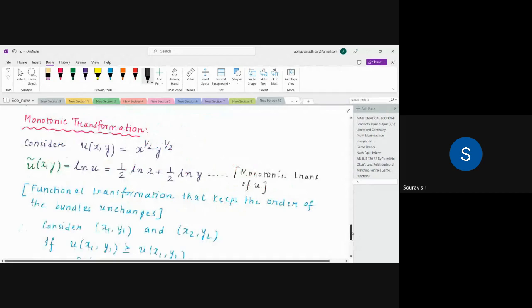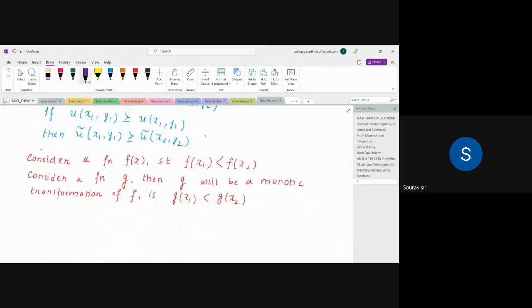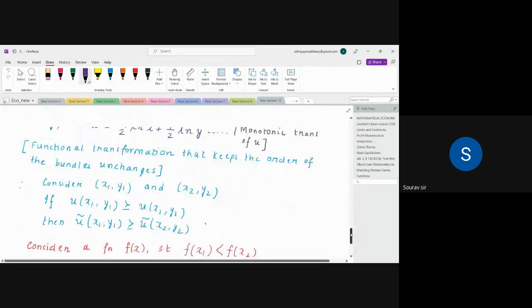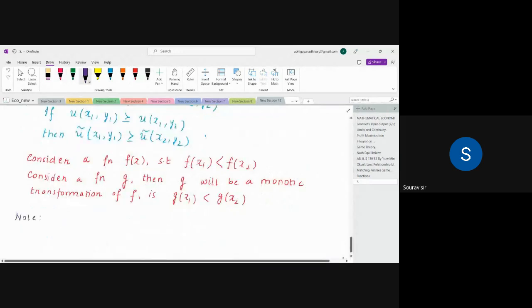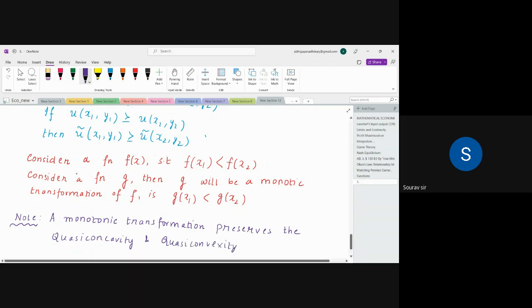So if you have understood this, let's come back to what I was wanting to say regarding the quasi-concavity part. A monotonic transformation preserves the quasi-concavity and quasi-convexity of the function.